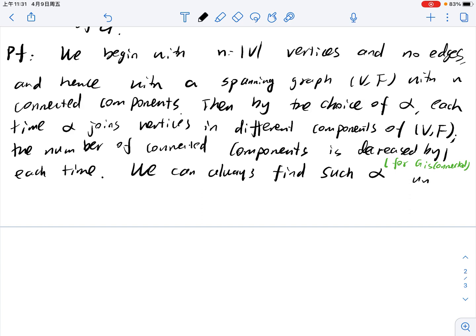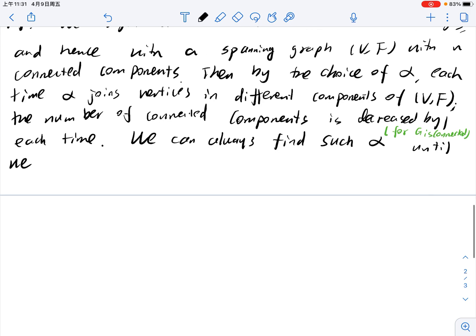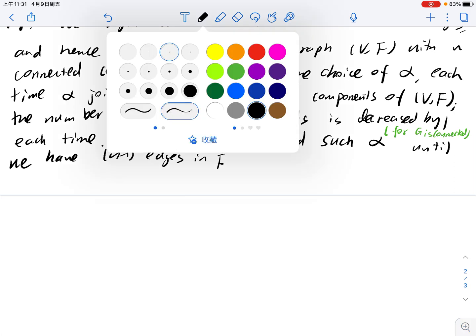We continue until we don't have any connected component more than 1, so until we have n-1 edges in F.